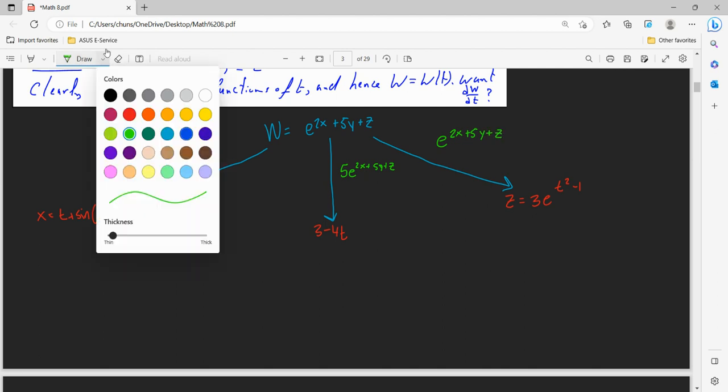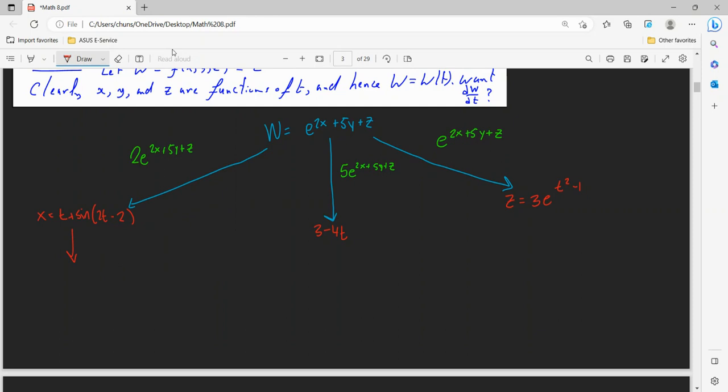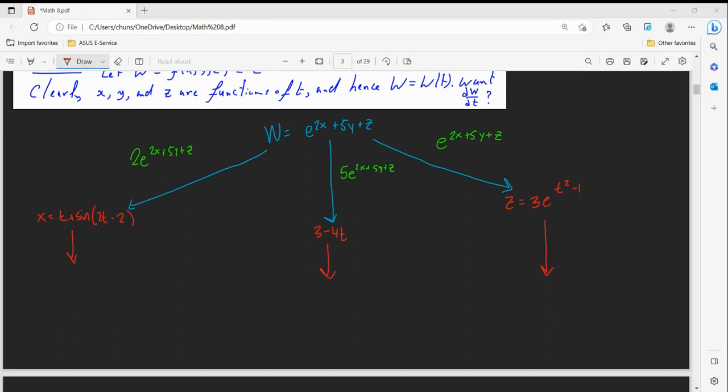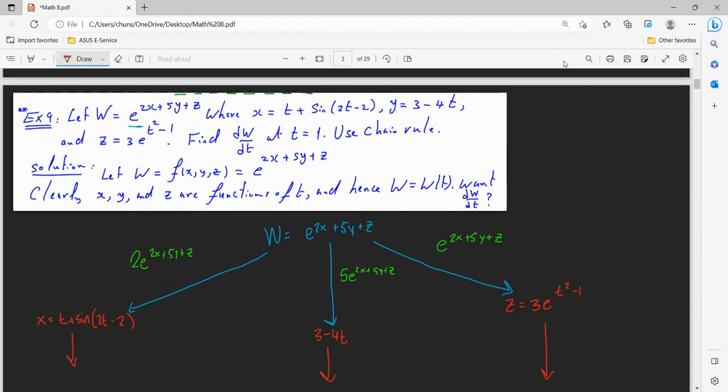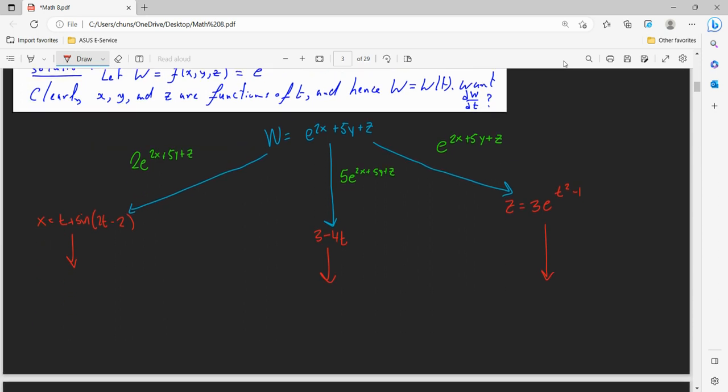Okay, so then moving on, if we were to now do with respect to t, since our second generation branch is only going to have one variable, because in each of our x, y, and z terms, there's only one kind of variable, which is t. All of these branches are going to just produce that variable t.